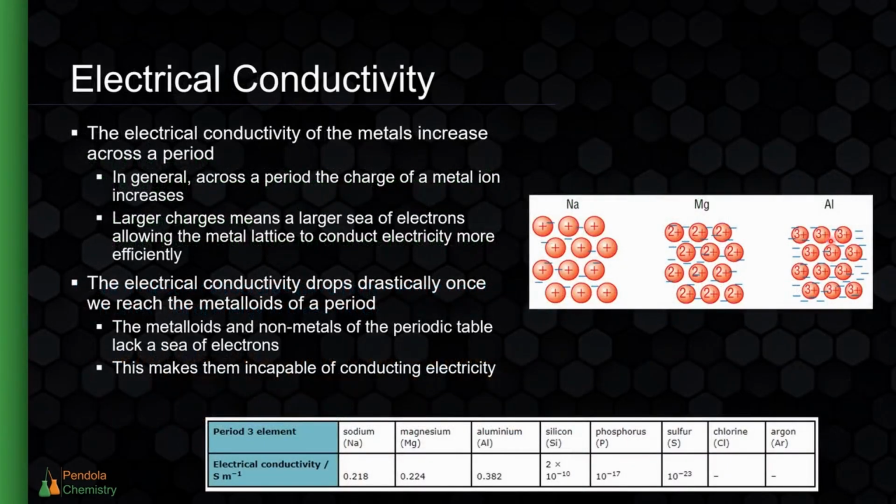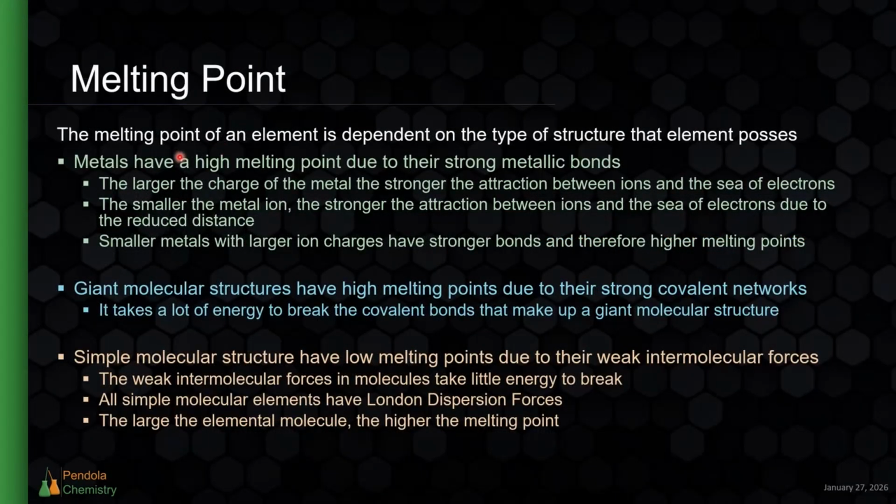So just backtracking a little here, the metallic bond, which is the force of attraction between those cations and the sea of electrons, is a very strong bond. And that means that it's going to take a lot of energy to separate those ions. The larger the charge of the metal, the stronger the attraction between the ions and the sea of electrons. And this goes along as well with the size of the ion.